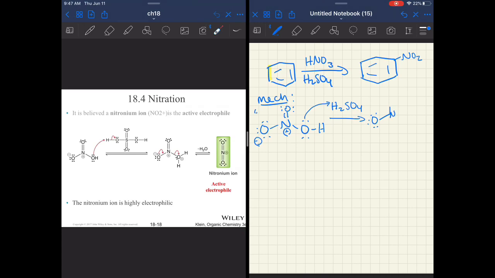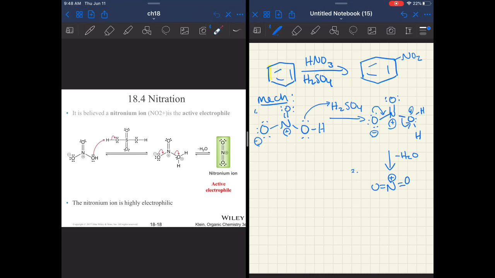So we have our nitrogen, our oxygen, and now water, which is going to ultimately wind up leaving. In the second step here, you see a flow of electrons from the O- as we lose water. So we kicked off a water molecule, and now we have our really potent electrophile, the nitronium ion.